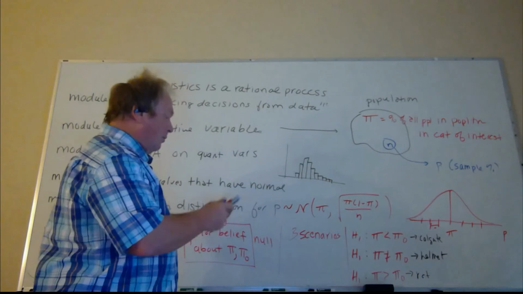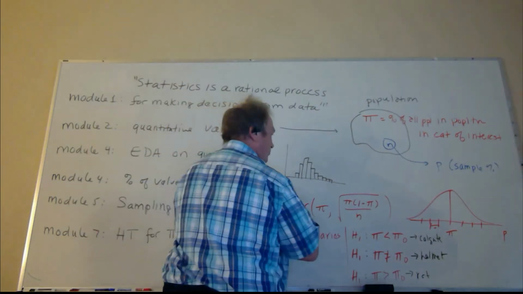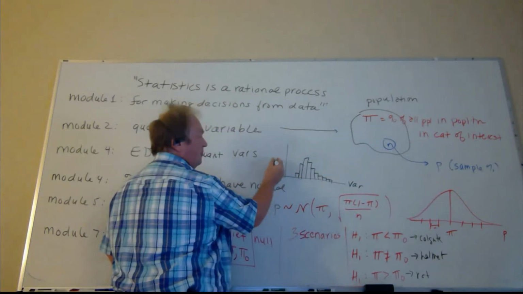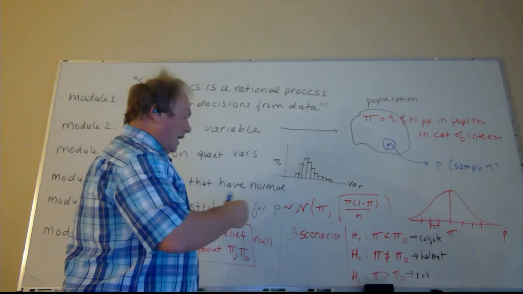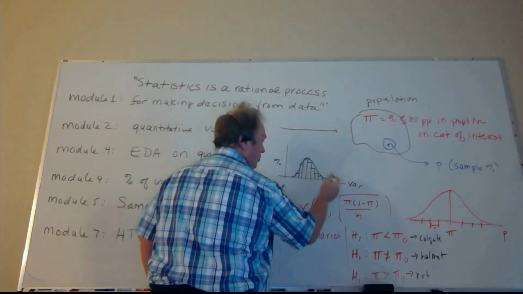And this histogram came from the sample. So this is the value of our variable, and this could be either counts or percentages, it doesn't matter. The idea was that we were trying to figure out what this population curve looked like.